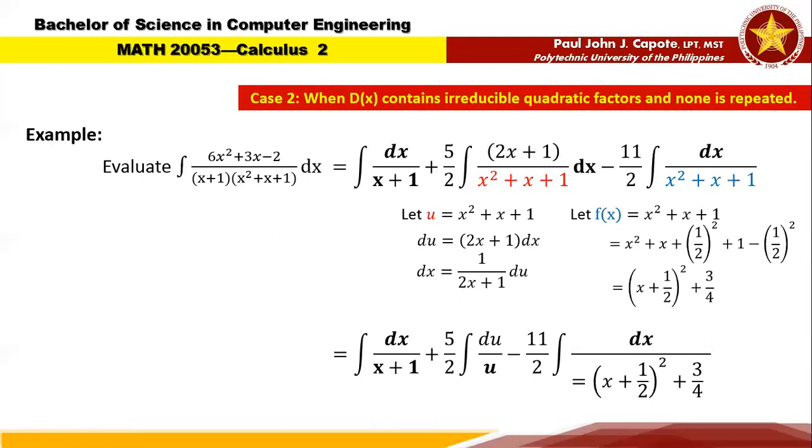This is a typographical error. Sorry for that. Supposedly it's not part of the equation. Okay, so dx all over the transformed form of the quadratic expression. We have the quantity x plus 1/2 raised to the power of 2 plus 3/4.